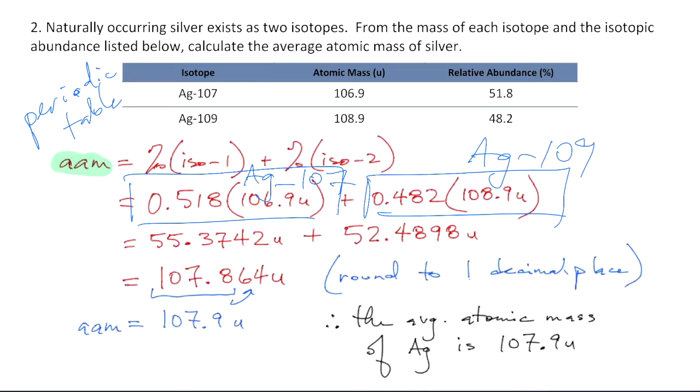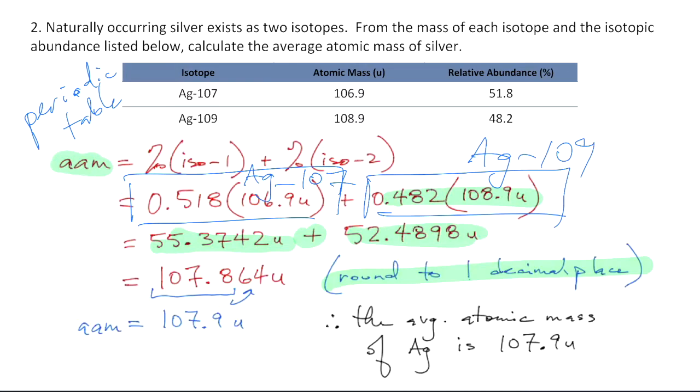When we multiply those values accordingly, we get this value for silver-107, and we add it to the value that we get from silver-109. Because we are adding as our final step, we are going to round to 1 decimal place. So this works out to 107.9 atomic mass units.